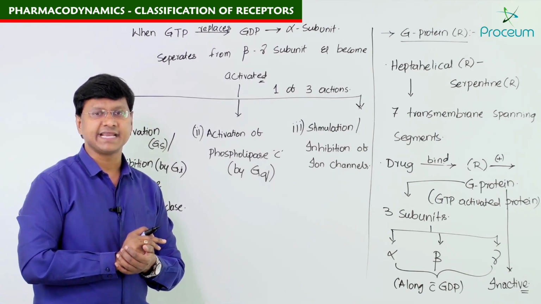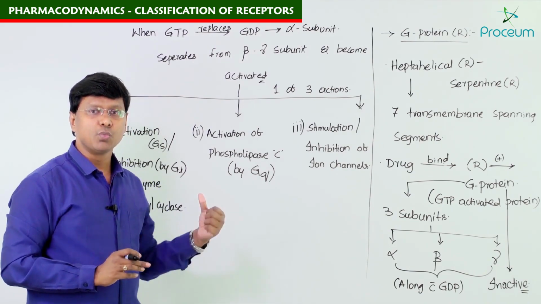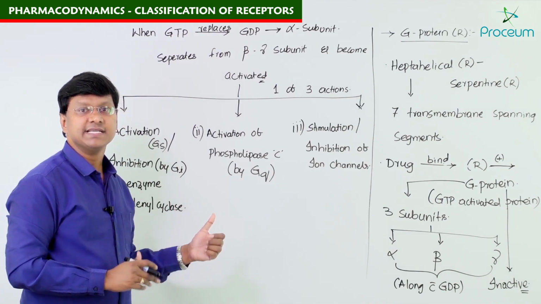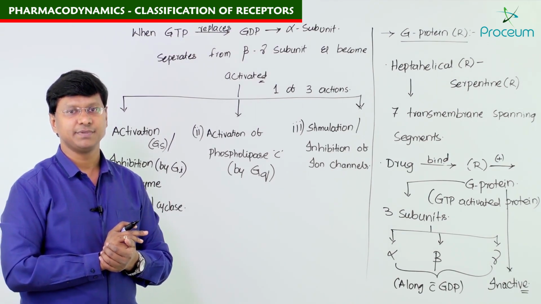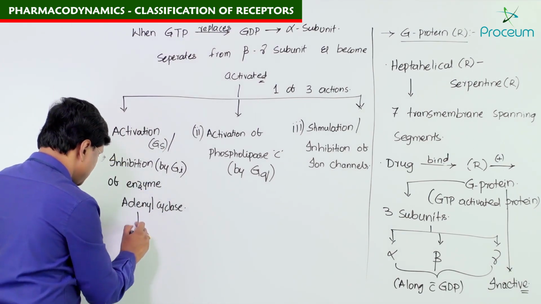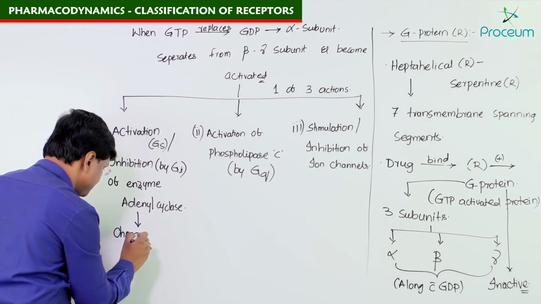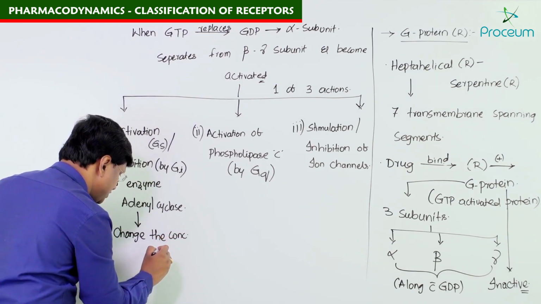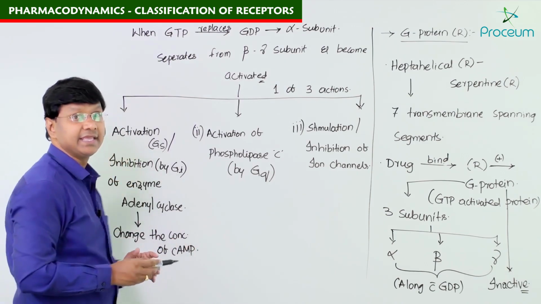Remember, we have a second messenger called cyclic AMP. So this will change the concentration of the cyclic AMP.